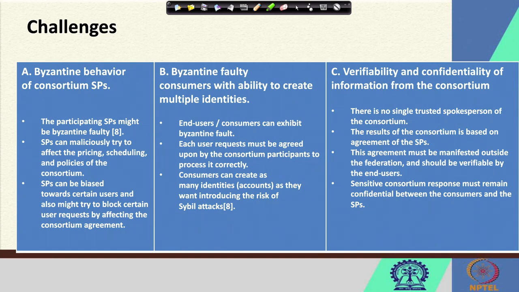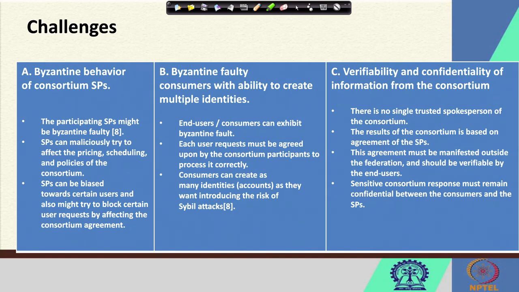And the second challenge is the verifiability and confidentiality of the information from the consortium. As I mentioned, there is no single trusted spokesperson of the consortium. So the results of the consortium, which are generated based on certain agreement of the service providers, need to be transferred back to the end user.